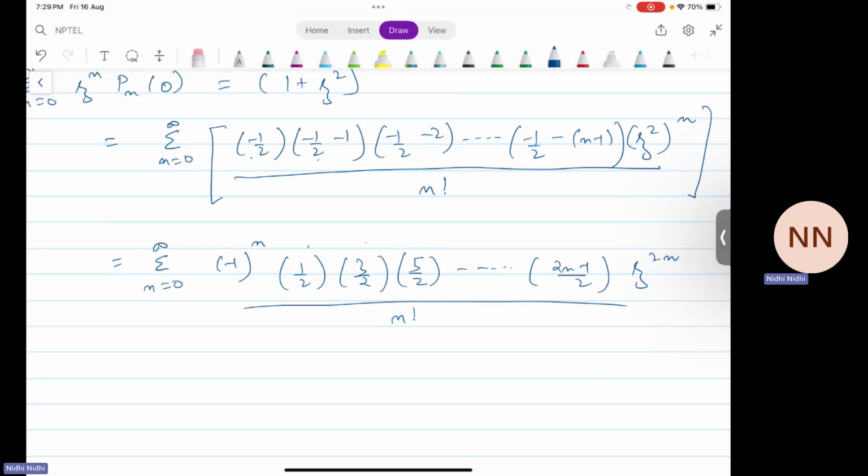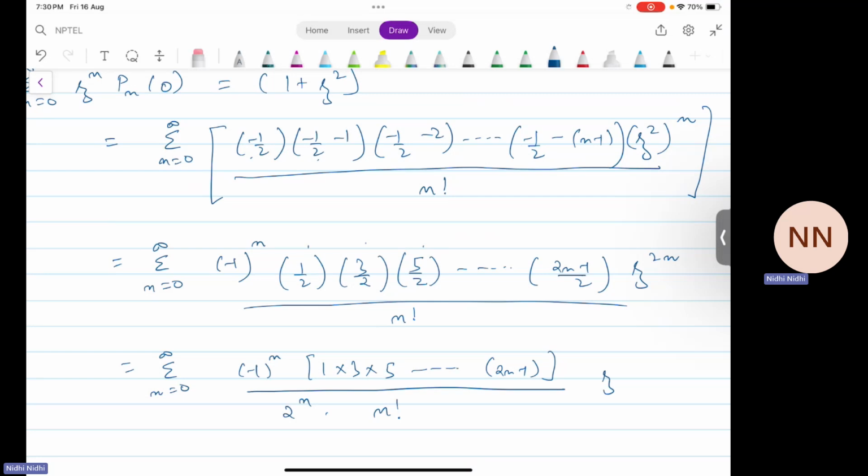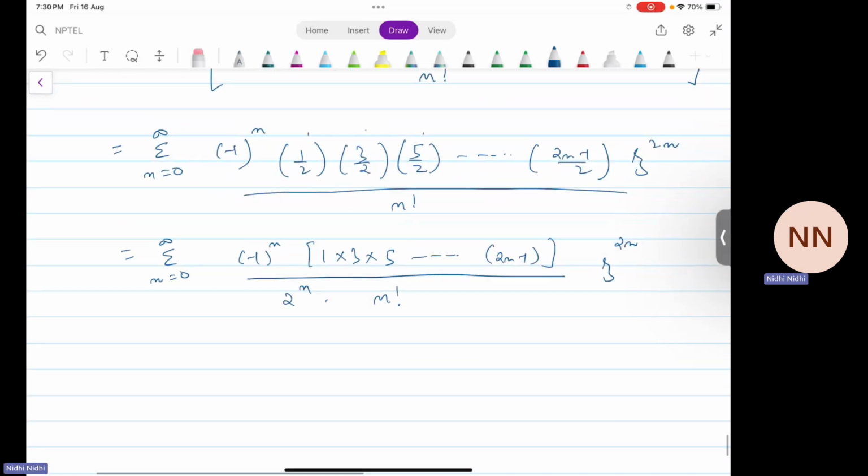So these are n terms. We'll get summation n from 0 to infinity minus 1 to the power n, 1 into 3 into 5 and so on up to 2n minus 1, by 2 to the power n times n factorial, z to the power 2n.